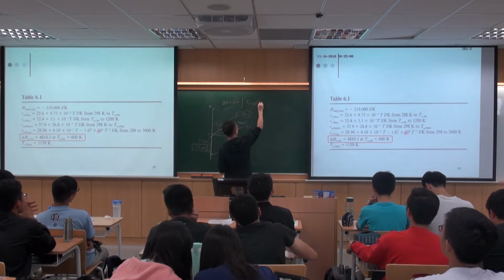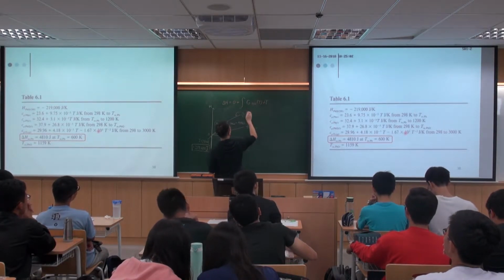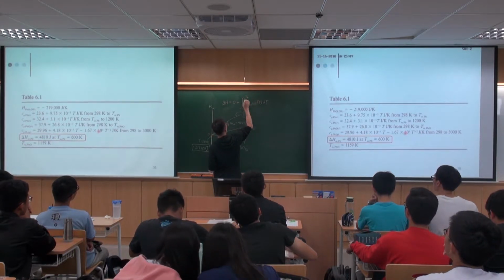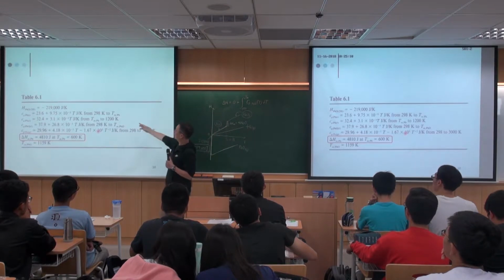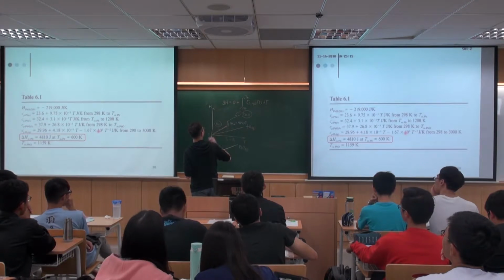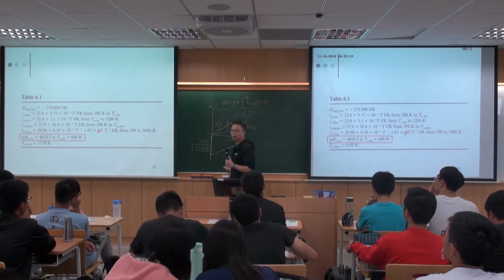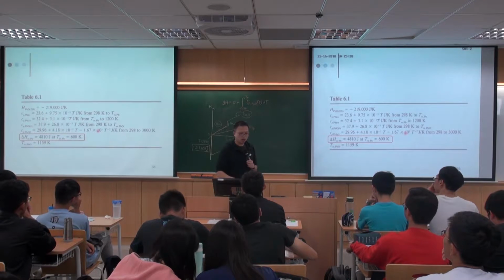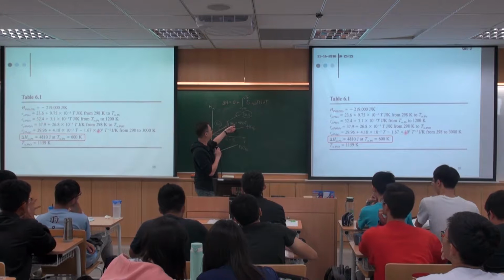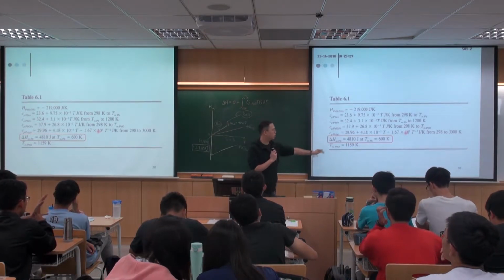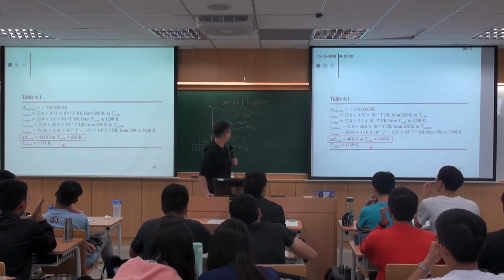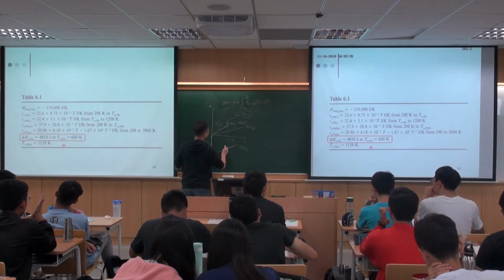This is a function of temperature, and we start from 298 Kelvin to the melting point of lead. If we want to calculate from here to here, this is what you will need. And typically, the melting enthalpy will also be given. In this case, it is around 4,800 joule at this melting point, which is 600 Kelvin here.